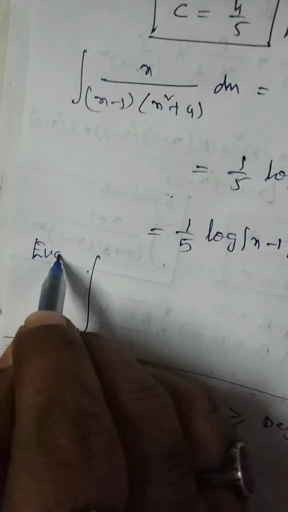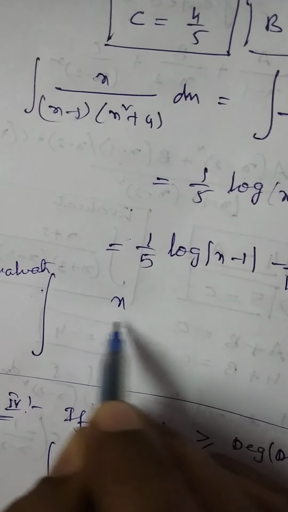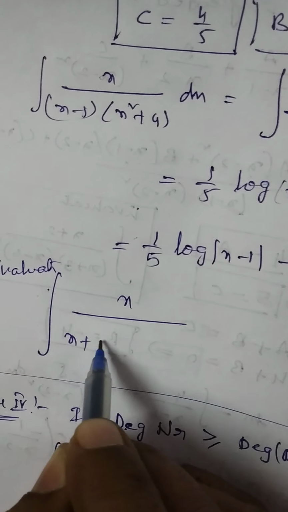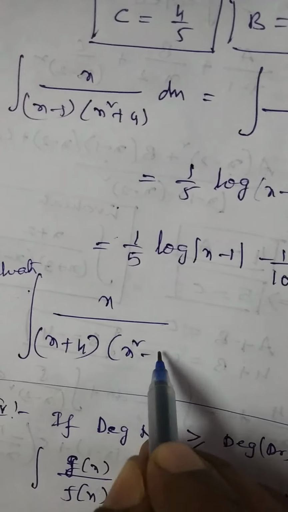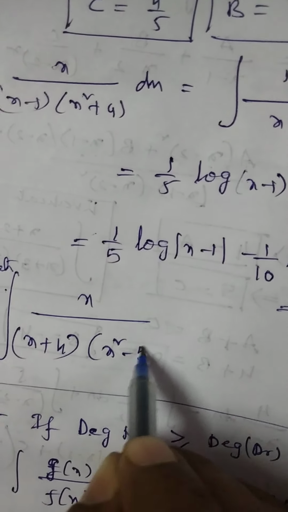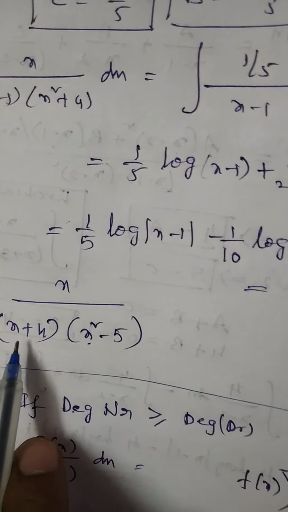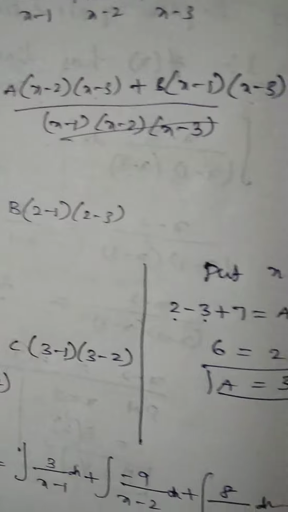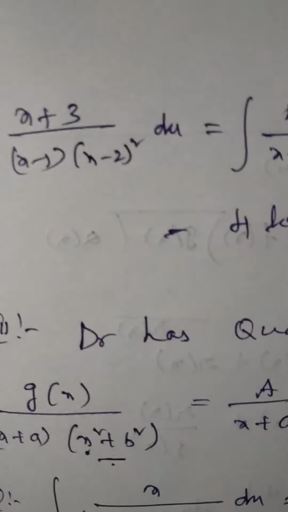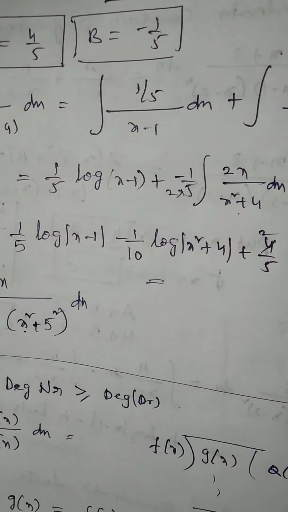Evaluate integration of x by (x + 4)(x² − 5). Okay, so one quadratic factor, one linear factor we have. So in this method only you are supposed to do it. Or otherwise take this as x² plus 5², no problem.